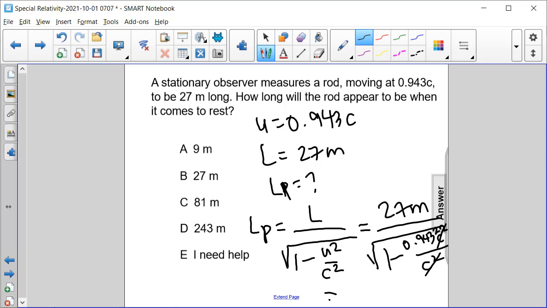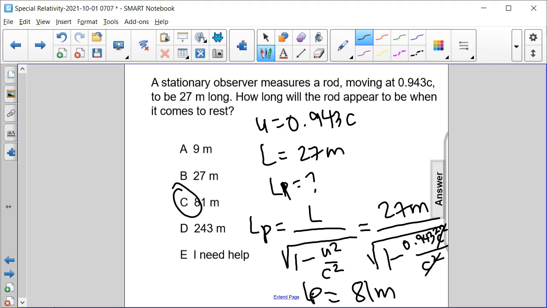And I'm going to do a little calculation here to solve for L_P. And when I do this, I get about 81 meters, which is answer choice C.